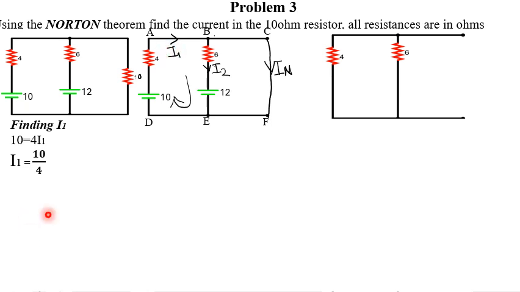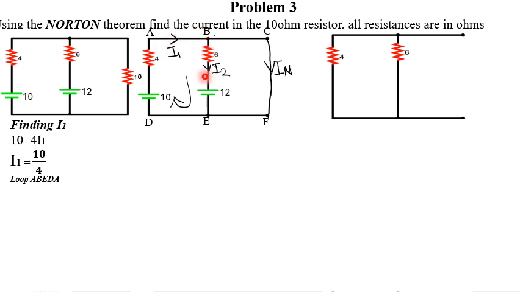Moving forward, we now have to also apply KVL to loop A, B, E, D, A. So we apply KVL to this whole loop, and we'll take the clockwise direction. Realize that we are moving from a lower potential to a higher potential, so this becomes positive 10.